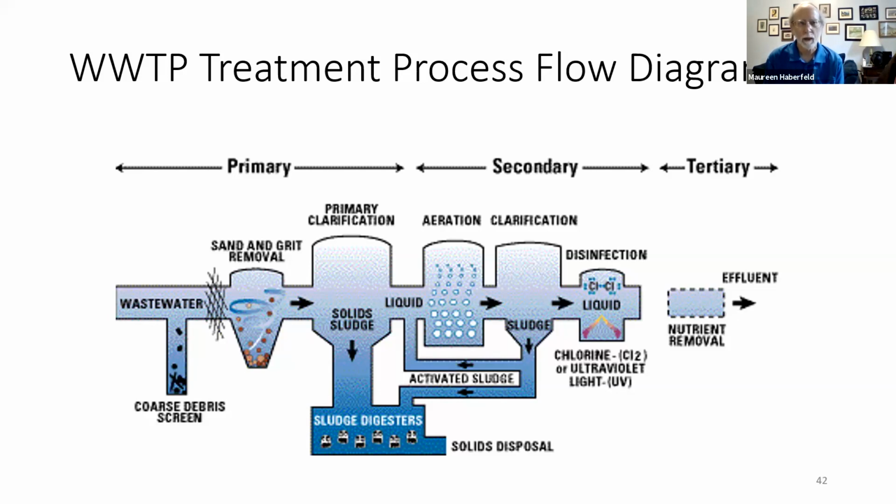It goes to a wastewater treatment plant. The video we're going to see will talk about the different stages: the primary, the secondary, and the tertiary. Each level takes the cleanup process to a higher degree. That's the slide.